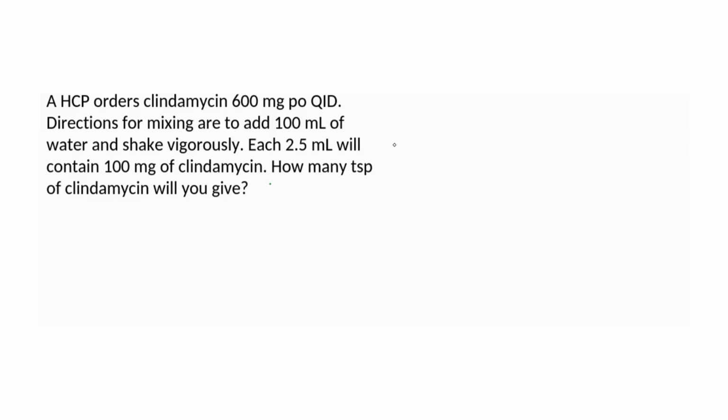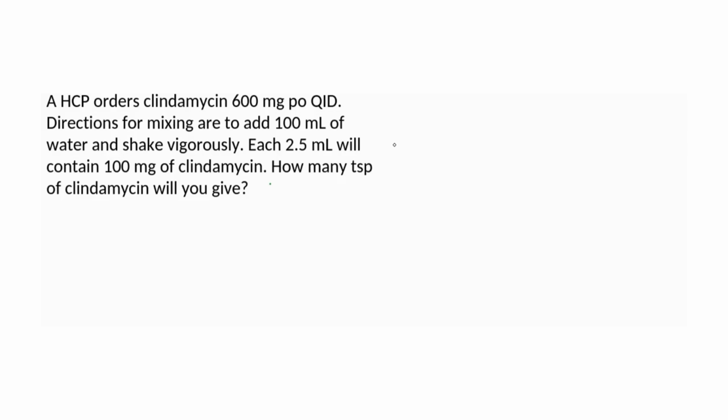Then you can solve the equation and come out with your answer. So I'll show you that using the other part of this problem. Remember, we had 15 milliliters, and it asks us how many teaspoons of clindamycin will we give.